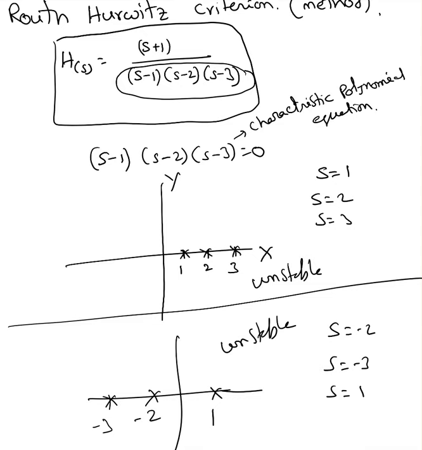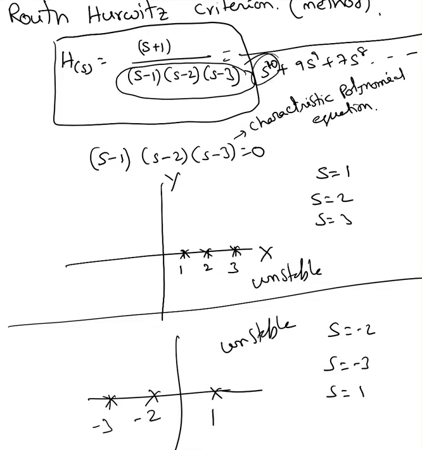Now this Routh Hurwitz criteria, here I have only three poles. Okay, but you can clearly see those poles. Most of the time you have an equation something like this: s to the power of 10 plus 9 times s to the power of 9 plus 7 times s to the power of 8, blah blah blah. So this system has 10 poles.